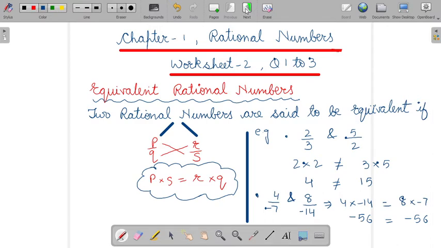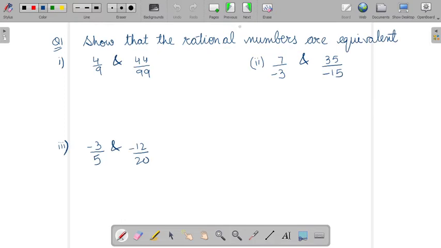Let's understand this concept more clearly with the help of the worksheet. Now in worksheet question 1, show that the rational numbers are equivalent. As I have told you, to show it as equivalent, you have to do the cross multiplication. So what will we do? We will do the cross multiplication. 4 multiply 99 and 44 multiply 9.